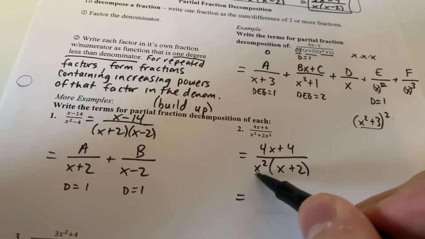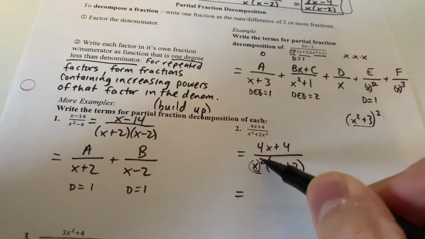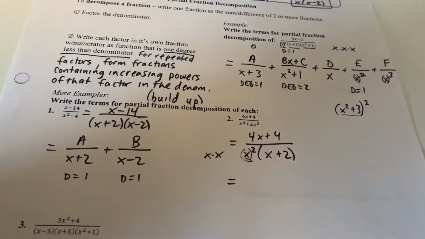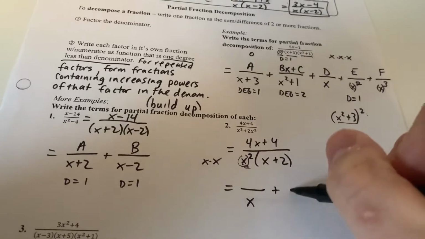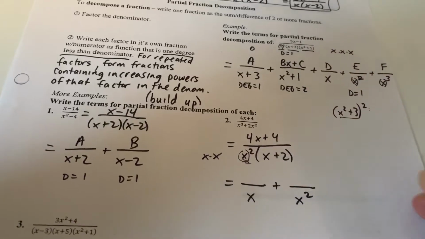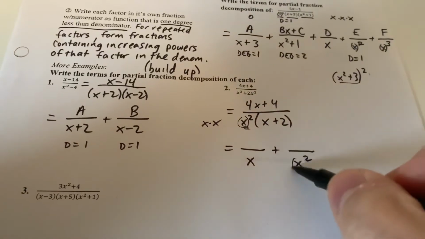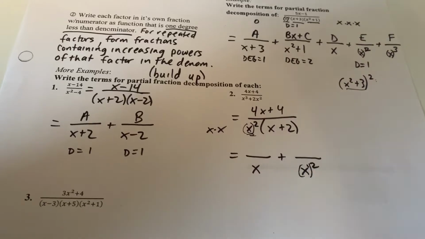Here we're going to have to build up. We have a quantity of x being raised to the second power. That's a repeated factor. It's really x times x. I'm repeating a factor of x. So we're going to start with x, and then we'll build up to the x squared, and we're going to consider both of those degree 1. Again, the quantity here has a degree of 1.